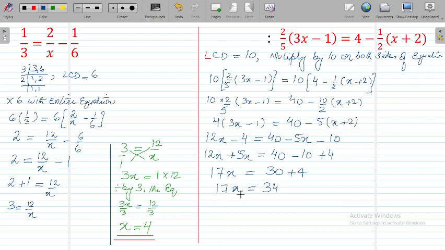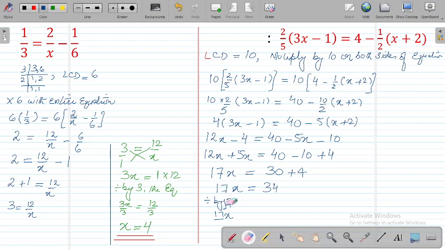So what can you say? You can say divide by 17 on both sides.